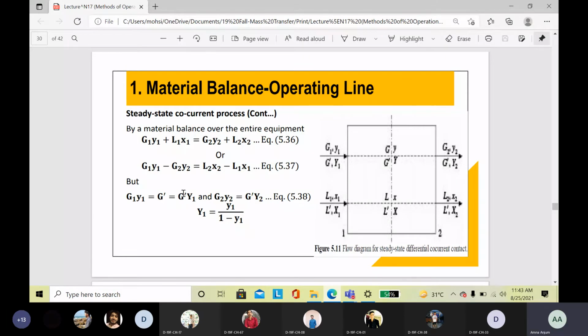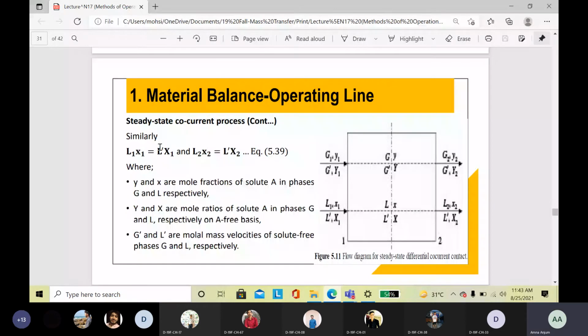So हम कैपिटल Y1 के इक्वल होता है small y1 over 1 minus y1. सिमिलरली कैपिटल X1 किसके इक्वल होता है? X1 over 1 minus X1 and L2 X2 वहाँ पर L prime X2 के होता है, where y and x are जो यहाँ पर फ्रैक्शंस हैं of solute A in phases G gas and L liquid phase.